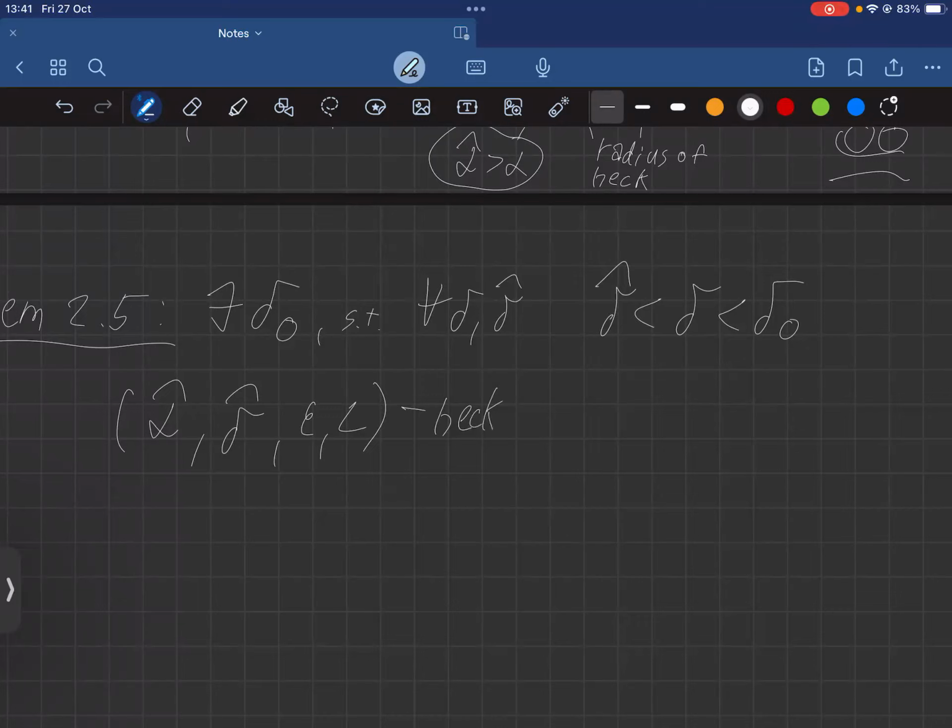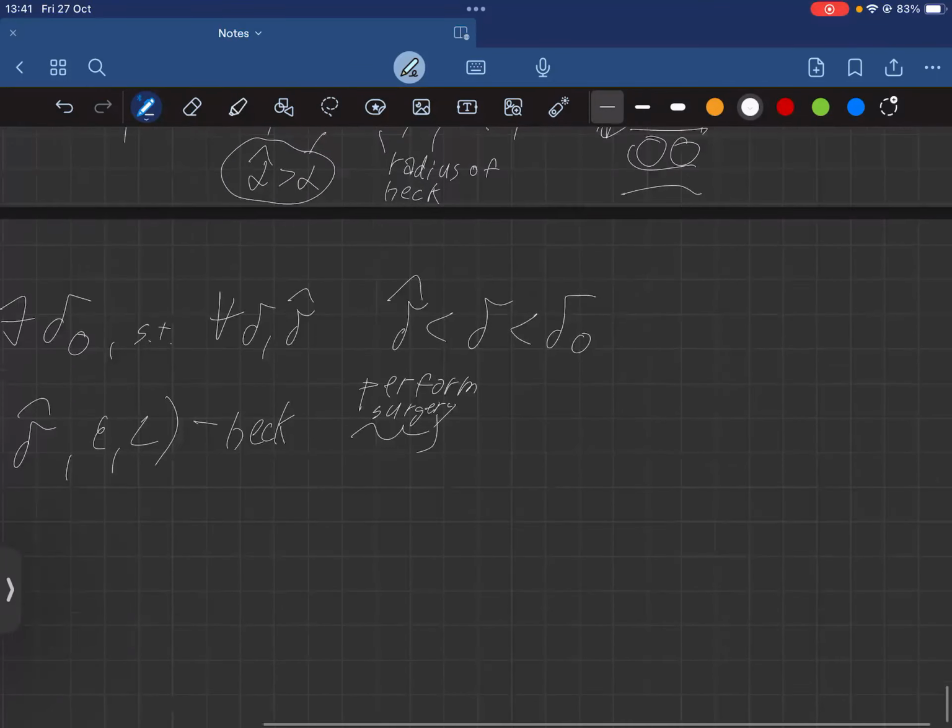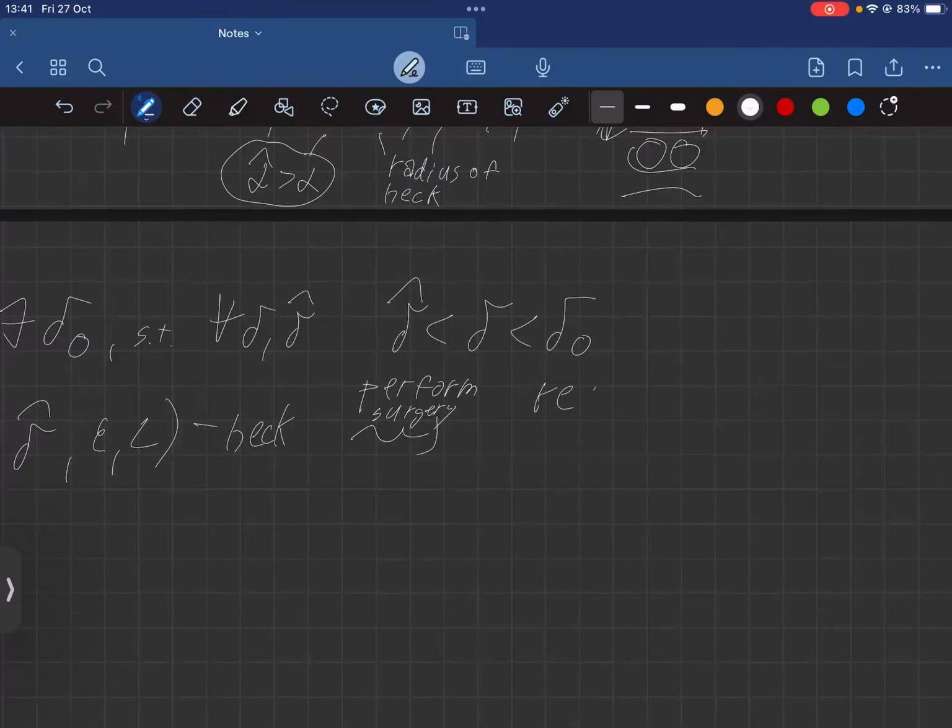So given alpha hat, delta hat, epsilon, L neck, and we perform surgery on this neck, the resulting surface is 1 over 1 plus delta non-collapsed.